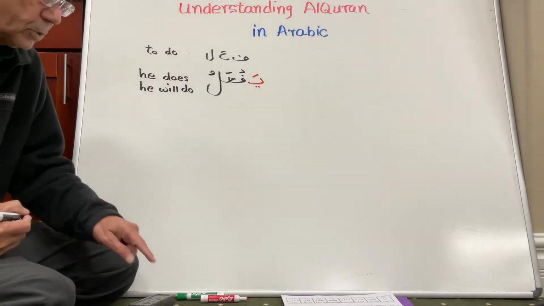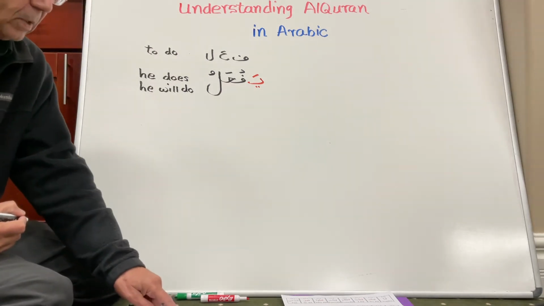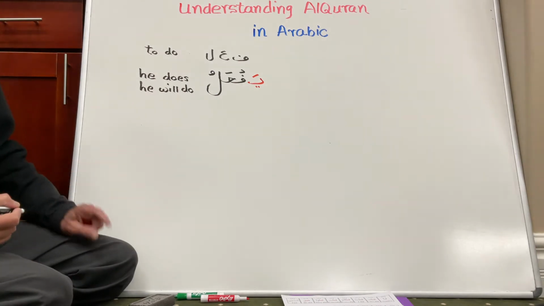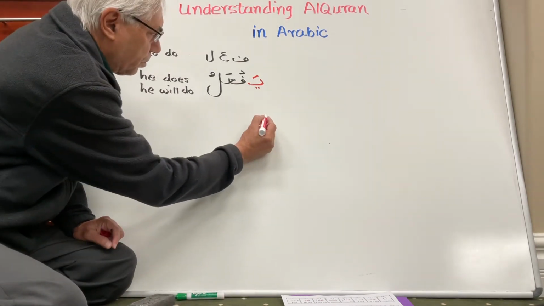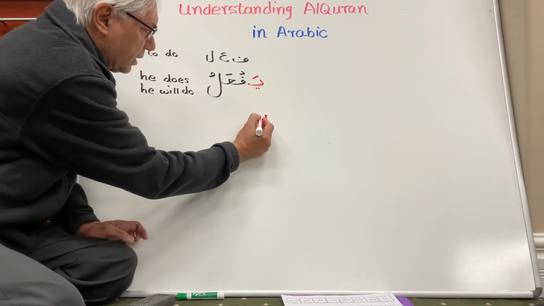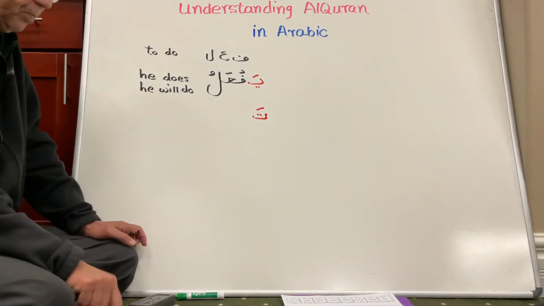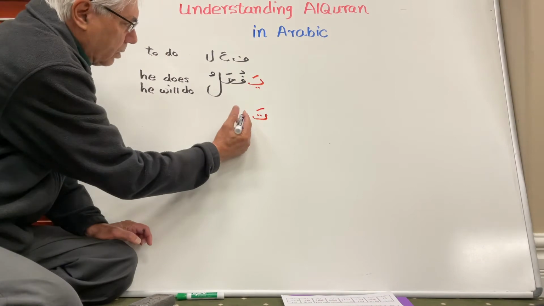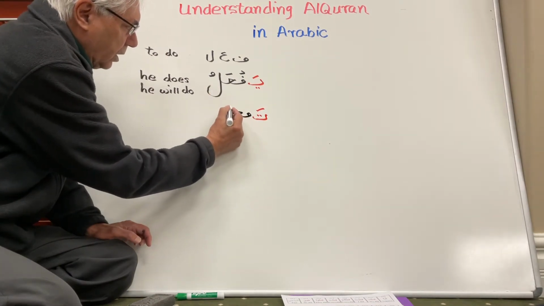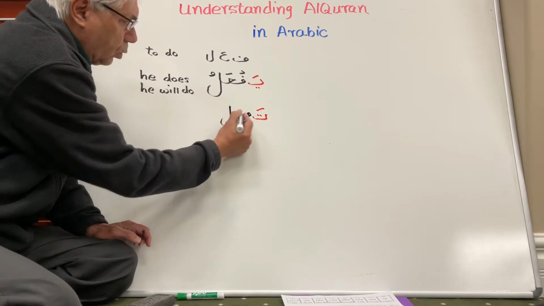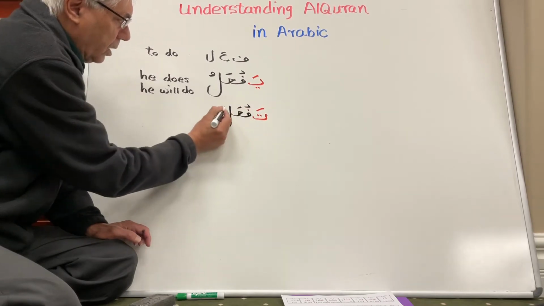Then I want to jump to the one box, leaving one box in between, box number 9. If you look, there is a ta in the beginning with a fataha or a zabar. Rest of the formation is same, and pronunciation is this time taf'alu, okay?